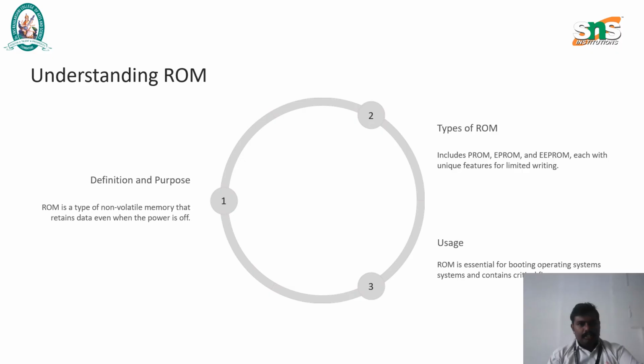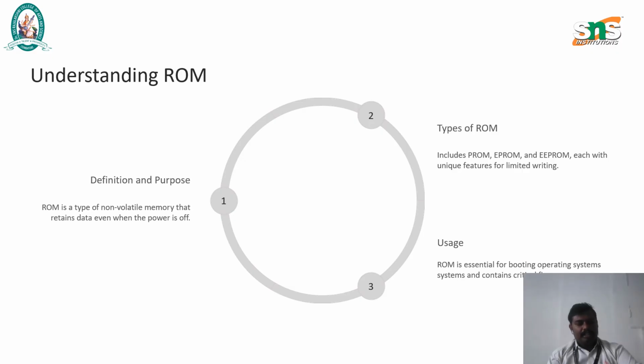There are more types of ROM: MROM, PROM, EPROM, and EEPROM. MROM is pre-programmed and low cost. The second one, PROM, is user programmable. The third one, EPROM, can be erased using UV light and reprogrammed.